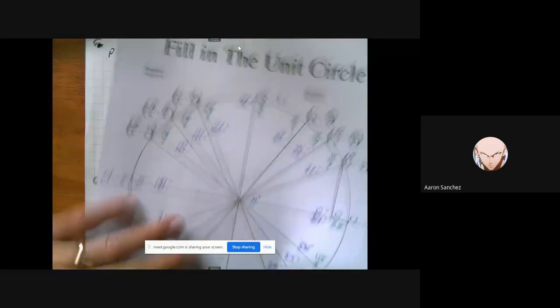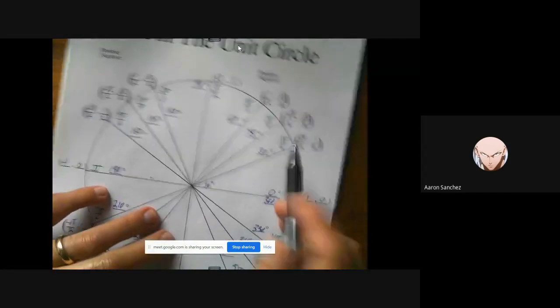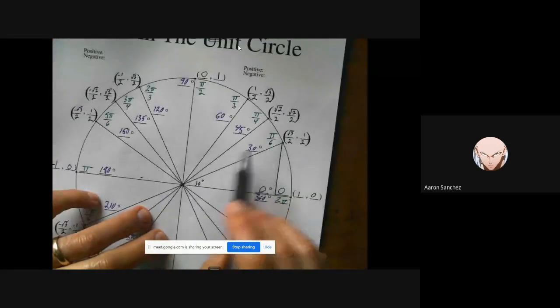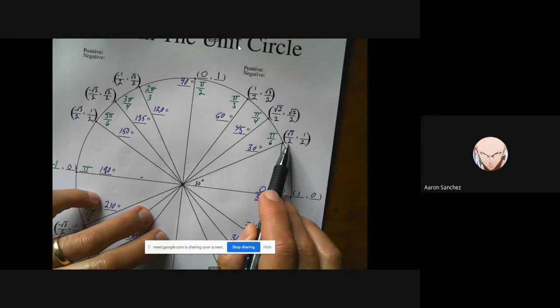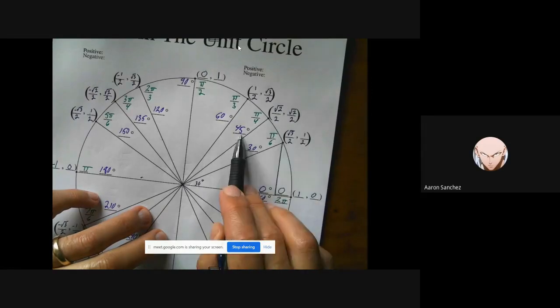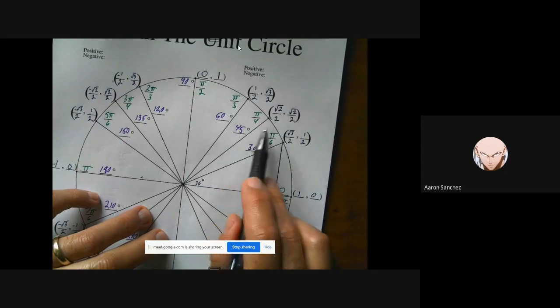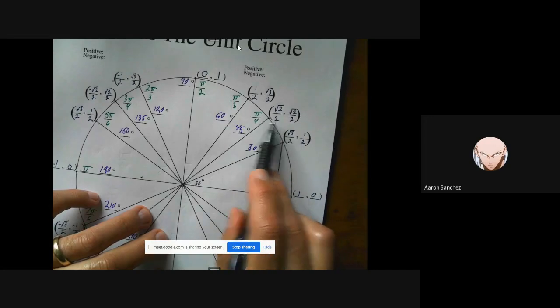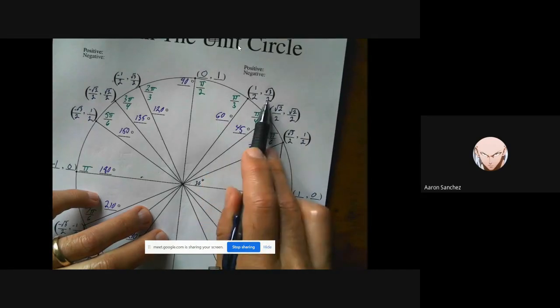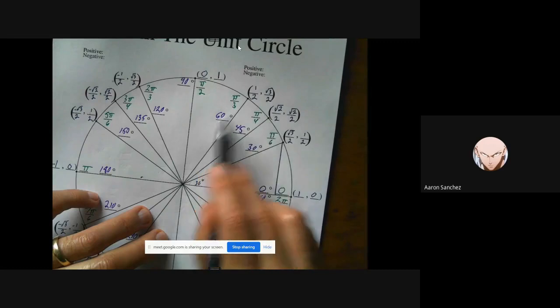Remember we said sine of 30 is 1/2, cosine of 30 is root 3 over 2. Sine of 45 is root 2 over 2. Cosine of 45 is root 2 over 2. Sine of 60 is root 3 over 2. Cosine of 60 is 1/2.